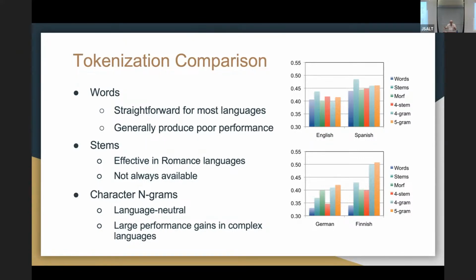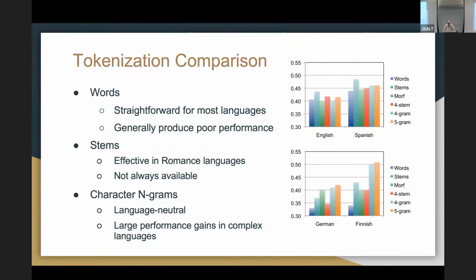So these graphs are showing this mean average precision performance over several different languages according to different tokenizations. The very first one is just using words: break the words apart, you don't do anything to them. You can see that performance is generally lower for all these languages. If you use some sort of stemming, performance gets a little better. But if you do character engram tokenization, you can see that for some languages it doesn't really matter.